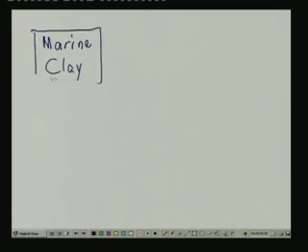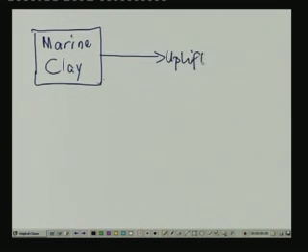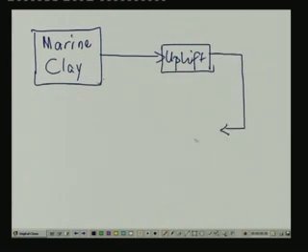So let's say you have a clay that was originally deposited in marine environment, that is called a marine clay, and then it gets subjected to an uplift and becomes a terrestrial deposit, terrestrial clay.